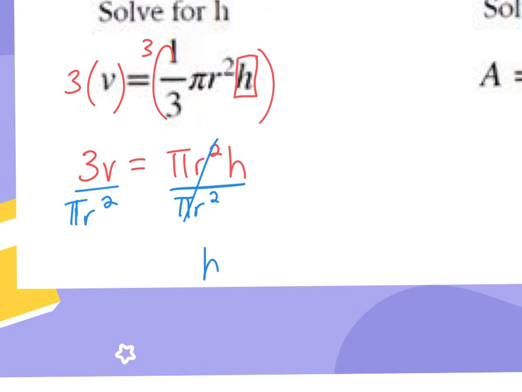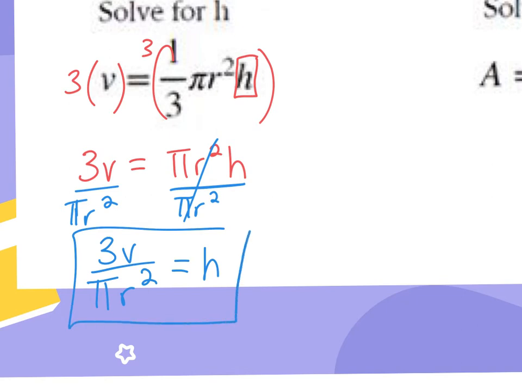So that gives me h equals 3v over pi r squared. Just leave it like that. And that's our answer. So that's the point of these. It's just to get all the other stuff on the other side, okay? The variables aren't going to disappear. They're not going to go away. You're just trying to solve for a different one.